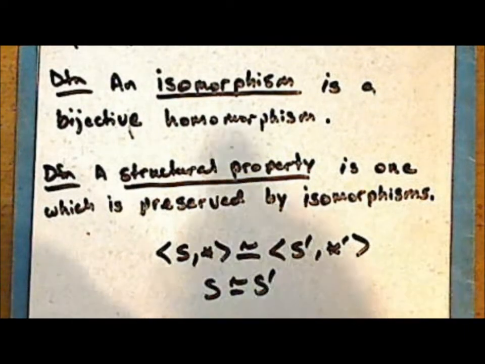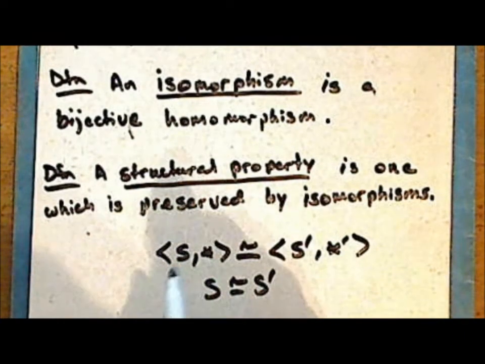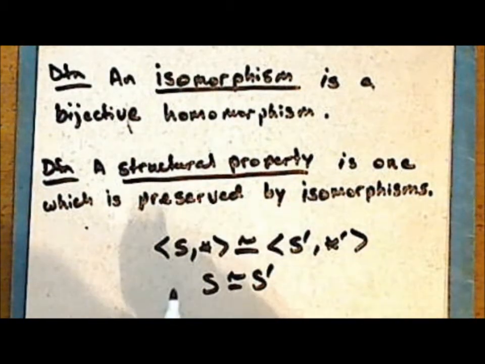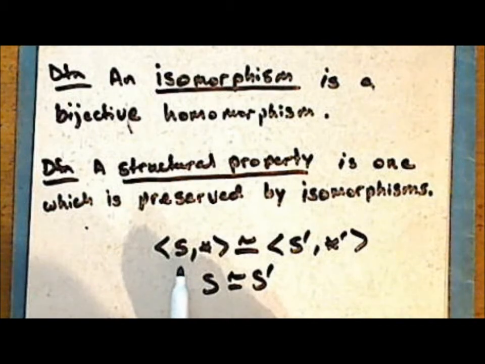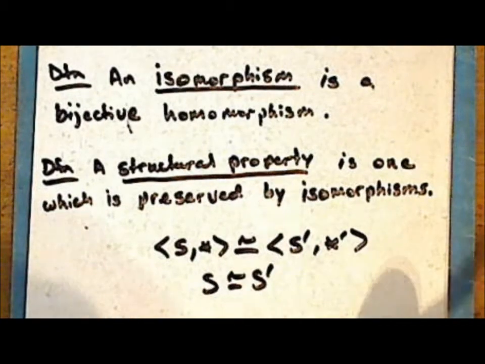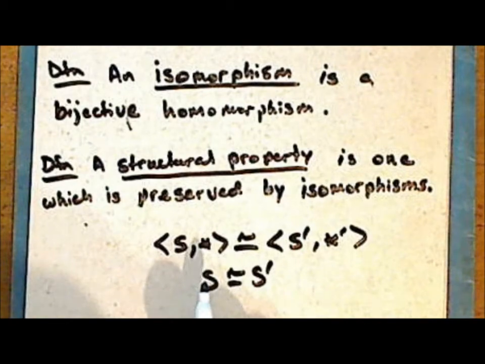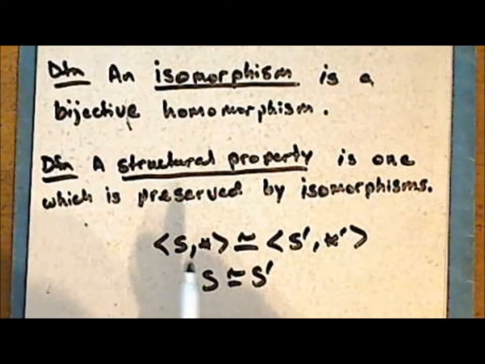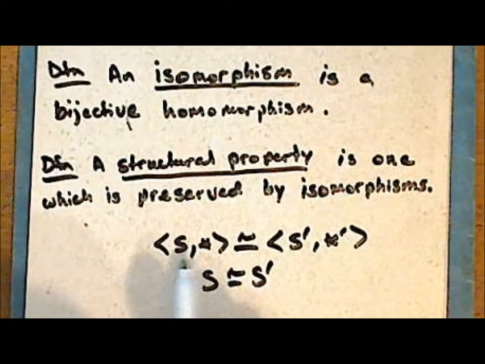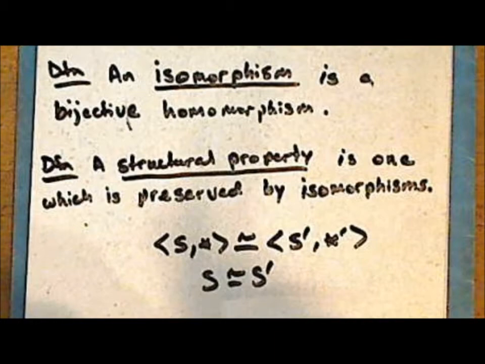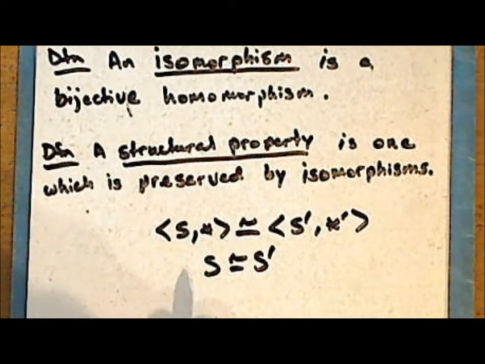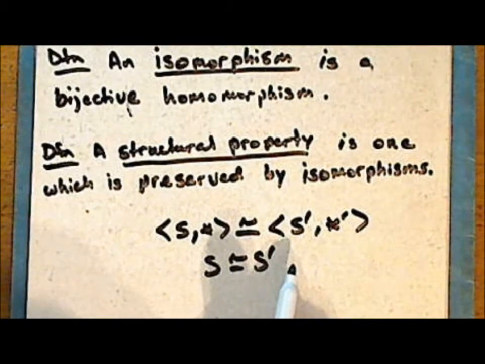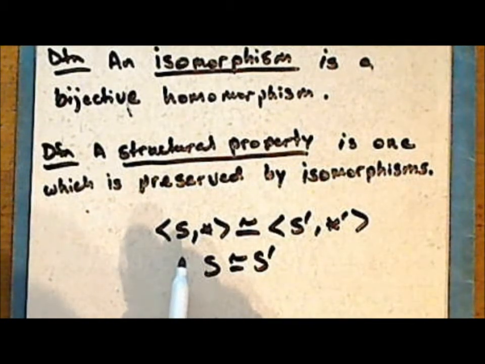And whatever structural properties one structure has, the other also has. Now, as the function phi, the isomorphism, is a bijection, necessarily the cardinality of the two sets in the structure must be the same. And we will also demonstrate that if two structures are isomorphic to one another, then they must be the same type of structure.